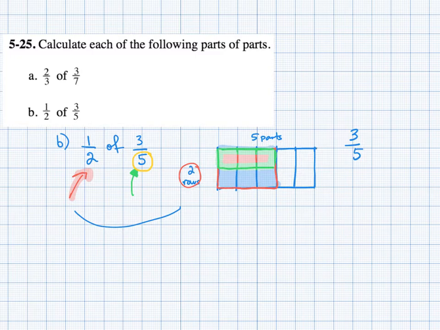Now we need to compare each one of those with the whole. So we have 3 of them, right? But how does this size compare to the whole? So I want to make the whole equal to all of the same sizes, which means I'm going to cut the whole as well. So right now I see 1, 2, 3.